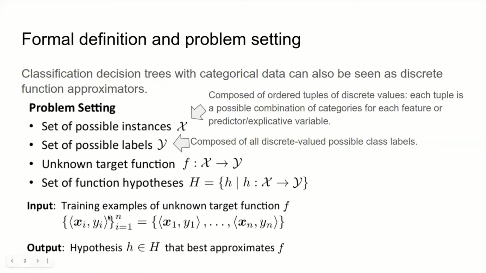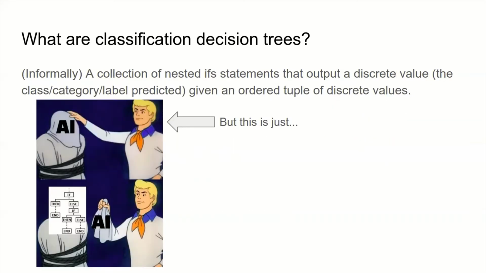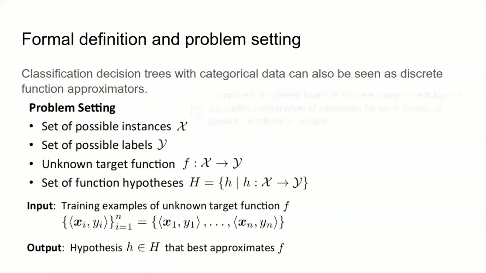So our input or training samples are a collection of these that we're going to see later. How does this look? Don't worry about it. And the output that we want to get is the hypothesis that best approximates this function. Again, if this sounds a little bit abstract, don't worry about it. We're going to see an example of this. Any questions? So further, we're going to see an example of this.